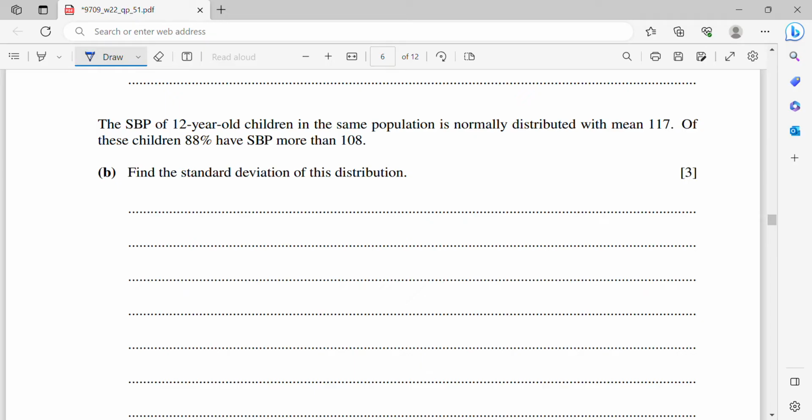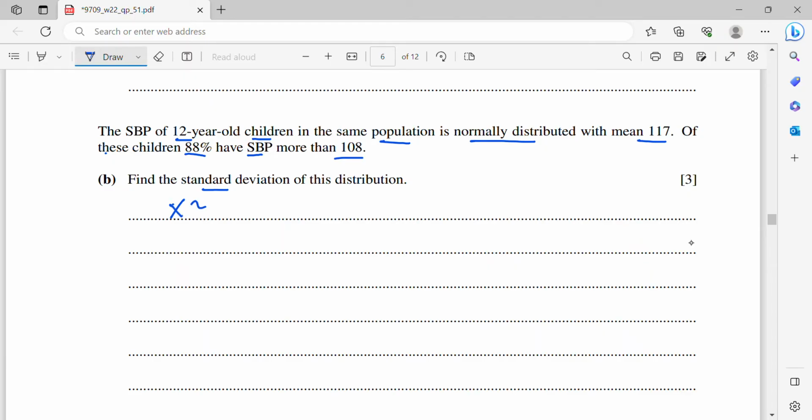Now, the SBP of 12-year-old children in the same population is normally distributed with mean 117. Of these children, 88% have SBP more than 108. Find the standard deviation of this distribution. So from here, I will write X is normally distributed, 117, and standard deviation is not given, so sigma.